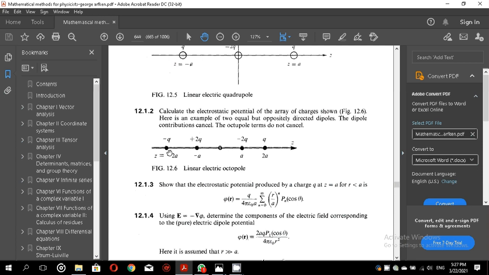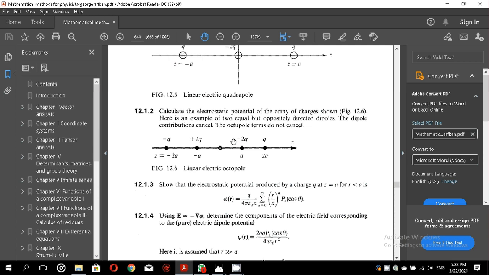I think it is at page, let me give you the page number where you can evaluate this. This is page number 13, in which this exercise is solved, and you will find the electrostatic potential due to an electric octopole, okay, linear octopole.